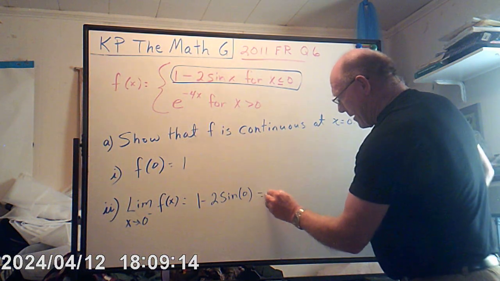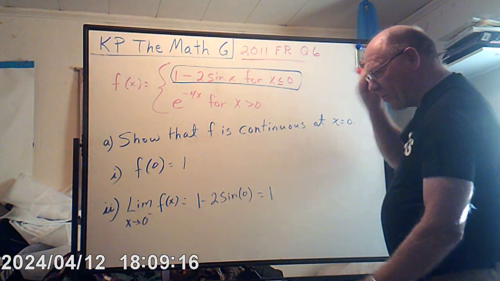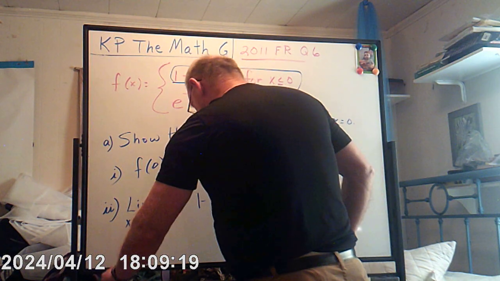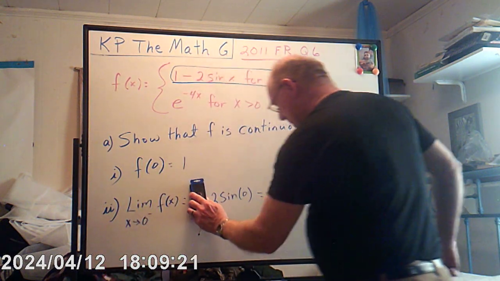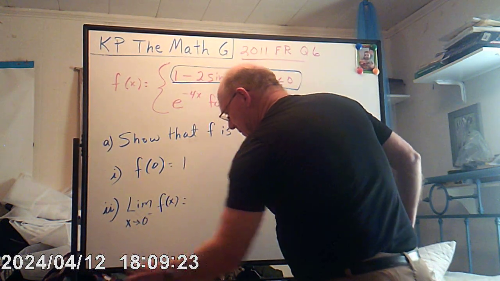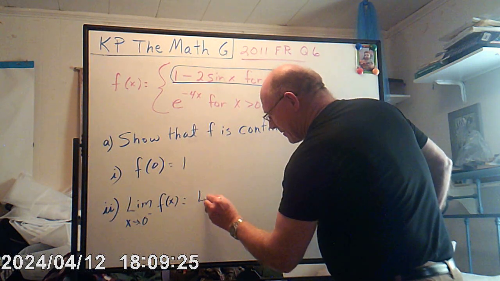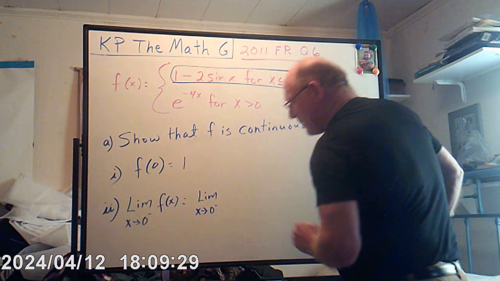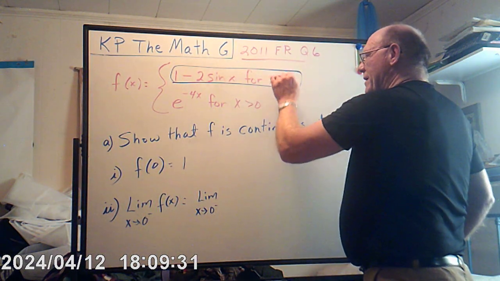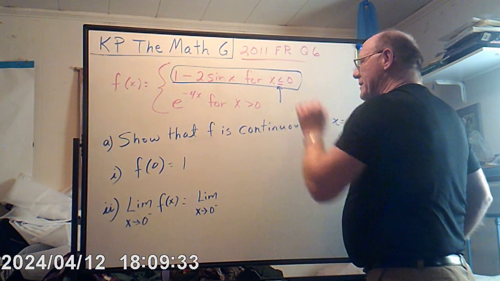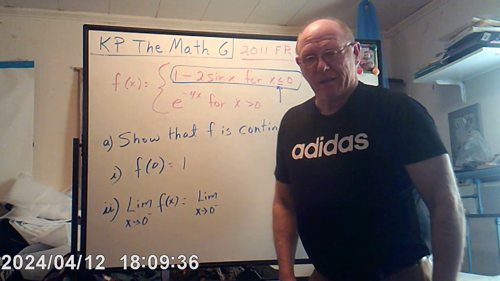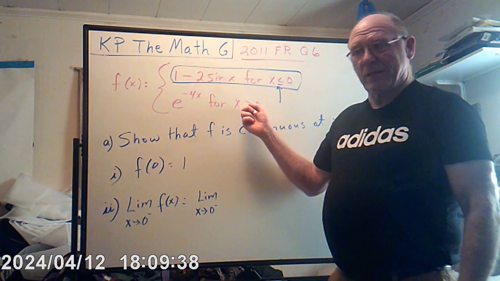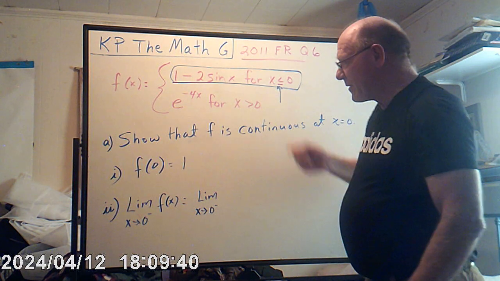Ooh, that is wrong. That is incorrect. You will get docked, or you will not get points if you leave off the limits. From the left, that's the reason we do that, it's because it's less than 0. Greater than is from the right, less than is from the left.